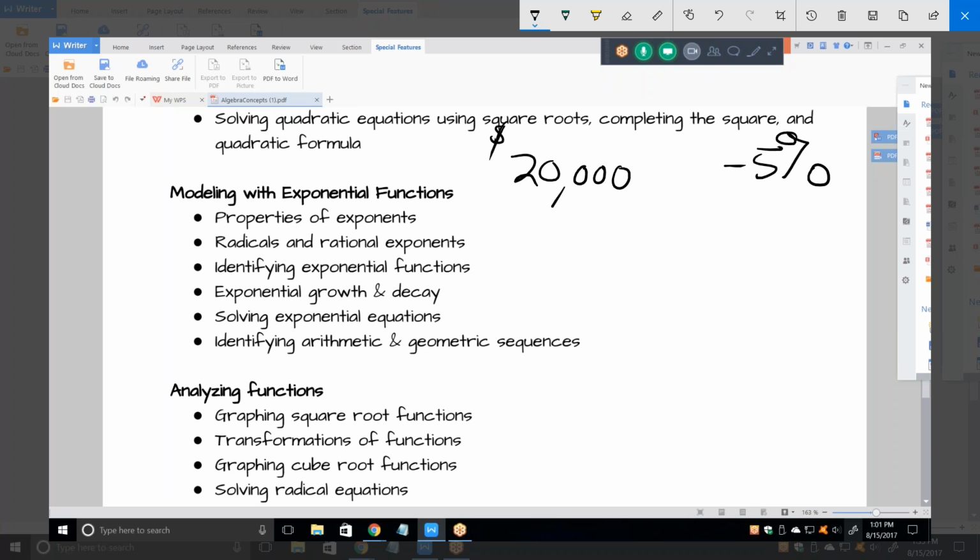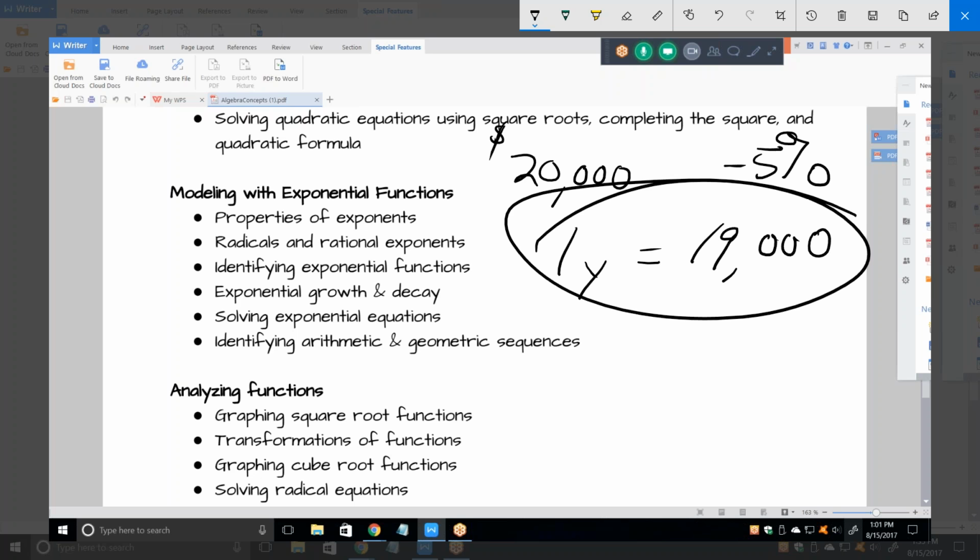Okay, so 5% of 20,000 is 1,000. At the end of 1 year, it would only be worth 19,000. That's decay. And it's exponential decay. It's not linear, it's not algebraic decay, it's exponential decay.